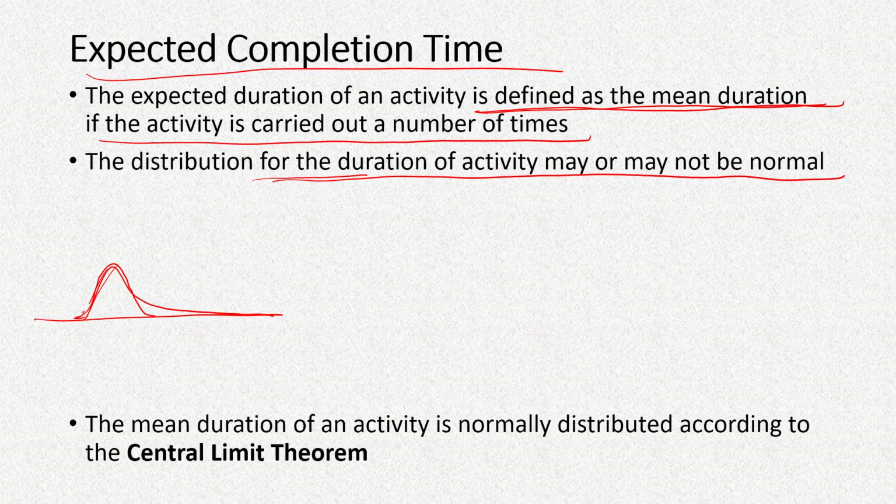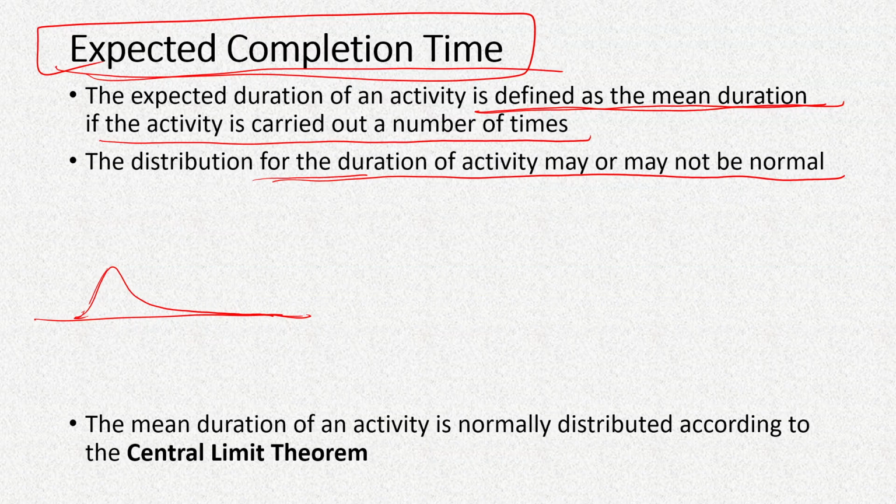That's why expected completion time is defined as the mean duration. Once we define it as the mean duration, our calculations will become easier, as we'll see in the subsequent slides.